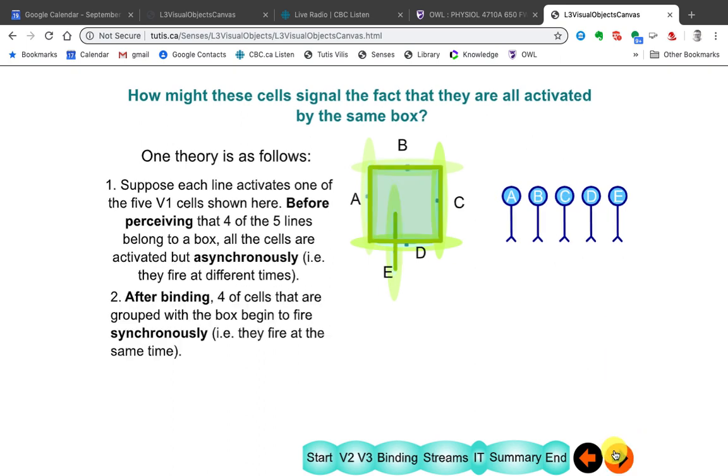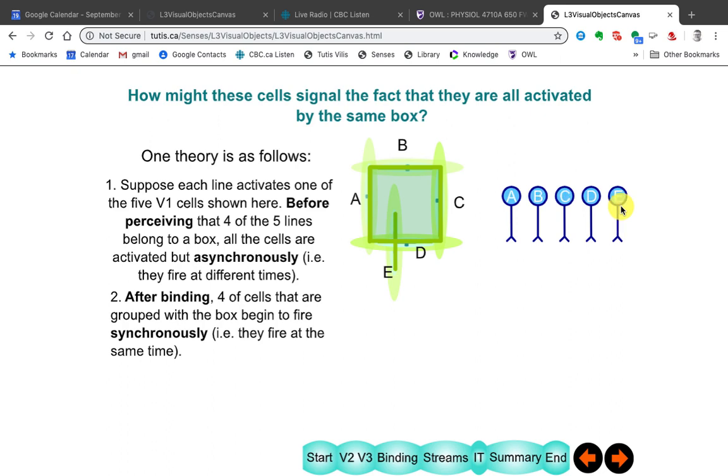One thought is that when the brain figures out that maybe that's a box, then the neurons that represent that box start firing synchronously, and the other remaining neurons fire at a different time.